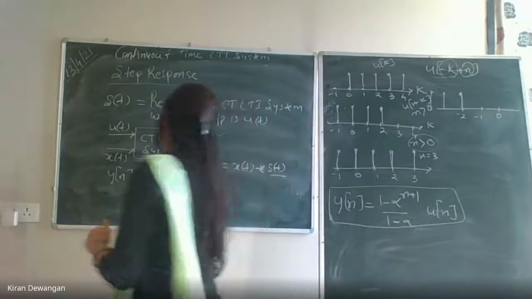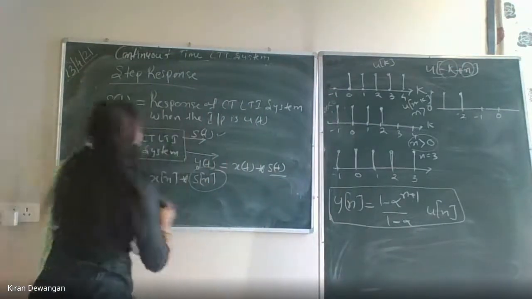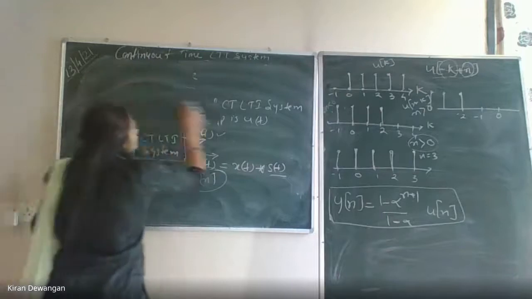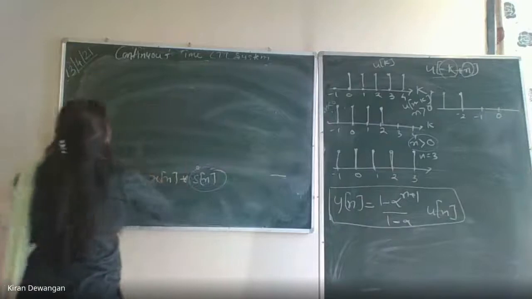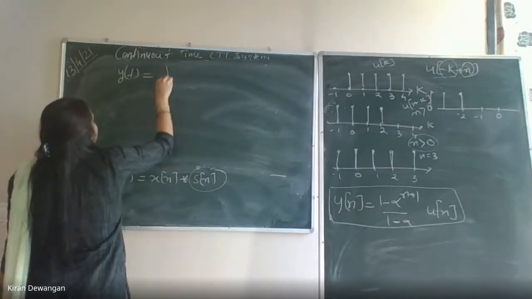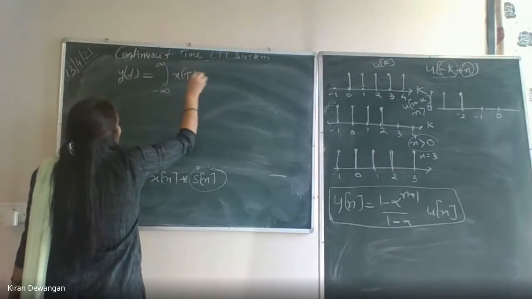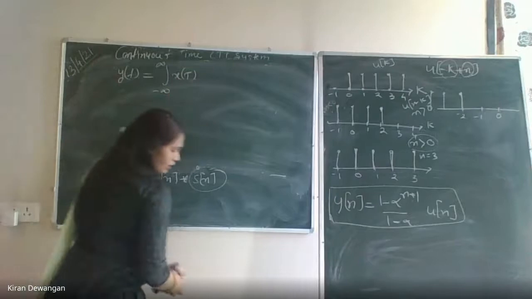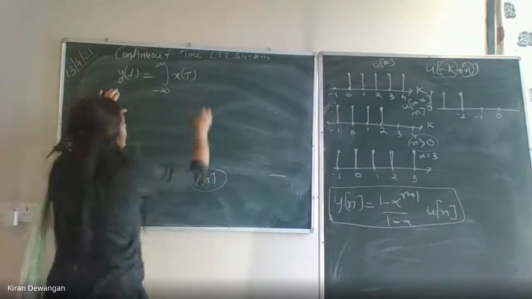Now what is an important thing to understand is the formula. As we have already seen, अगर मैं y(t) कैलकुलेट करती हूँ कंटिन्यूस टाइम में, it is the integration from minus infinity to infinity x of tau. ये क्या हो जाएगा? If it is in terms of step response, ये क्या हो जाएगा?